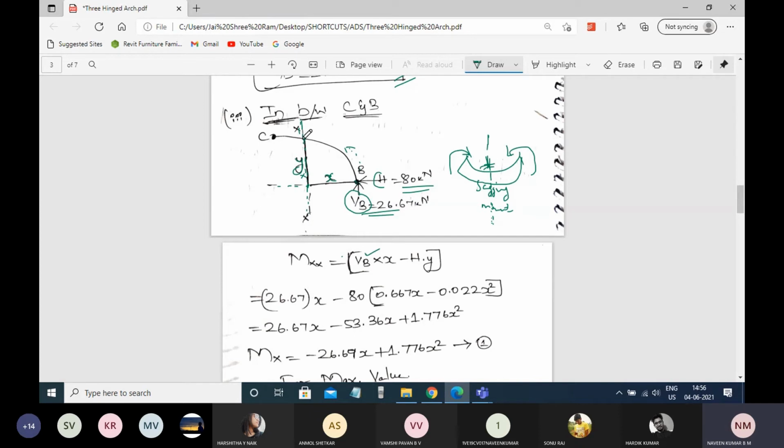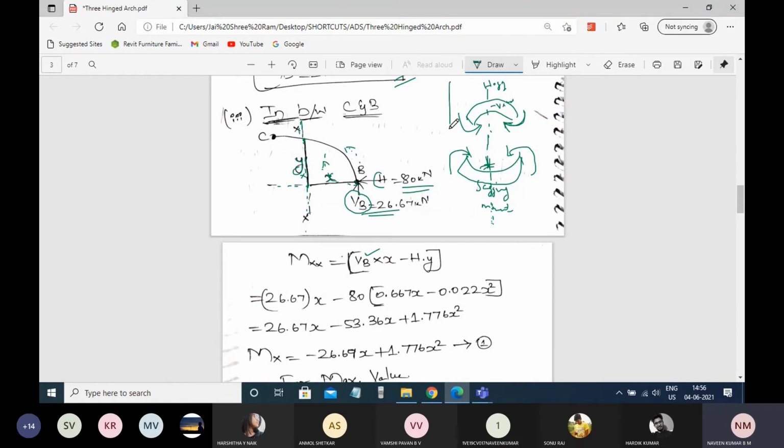Going to this particular one, H is the force. To reach this section, you require a perpendicular distance of y. Again, you just check the rotation, it is clockwise. If the rotation is clockwise on the right hand side, then it will be considered as negative moment.